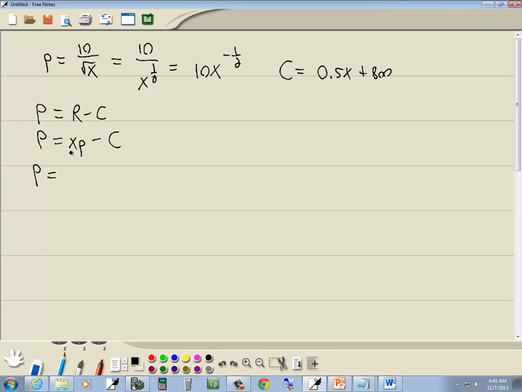Little p is our demand function, our price. Well, we've got x times little p, which is 10x to the negative 1/2, minus c, and we'll have parentheses because that changes the sign of everything that follows it, 0.5x plus 800.